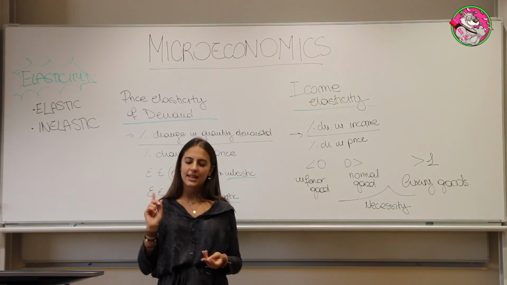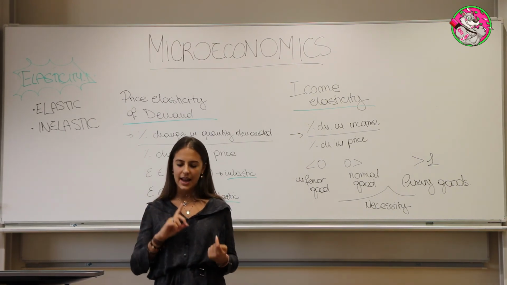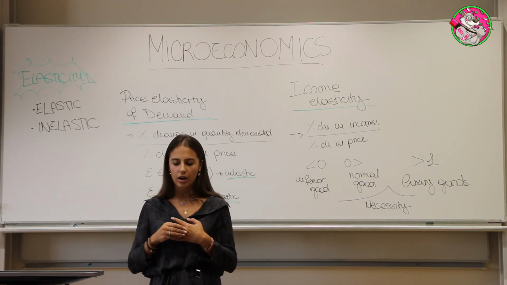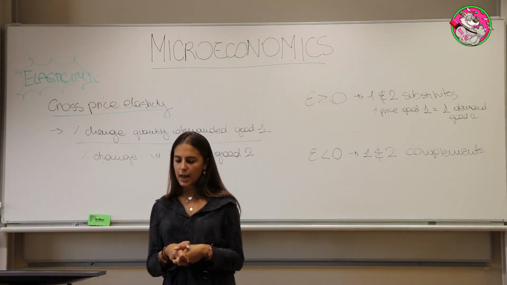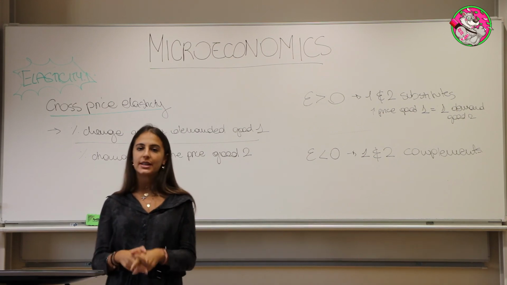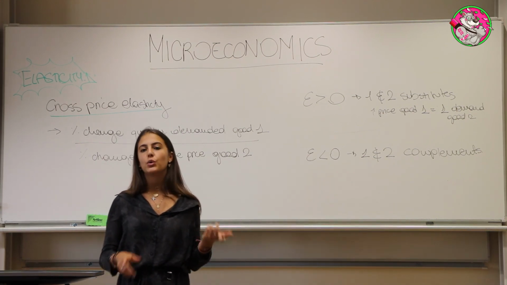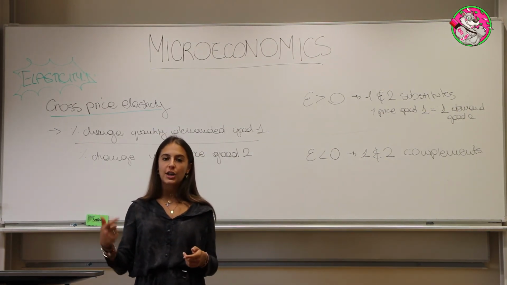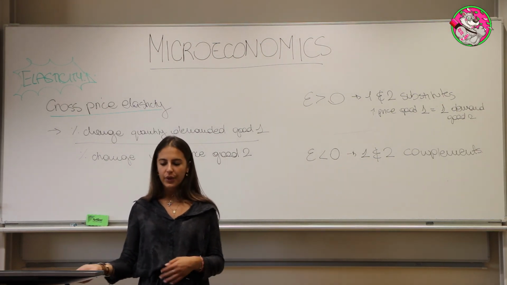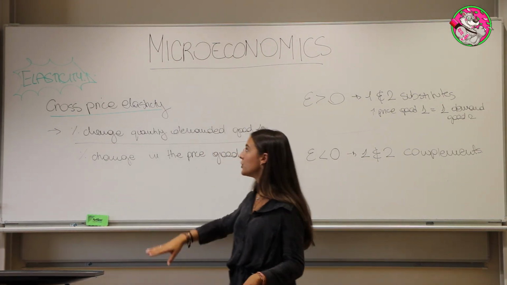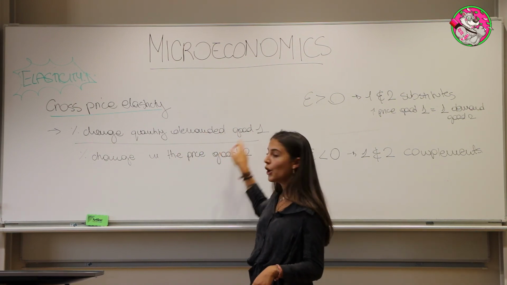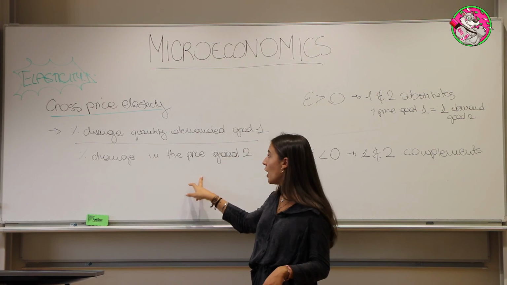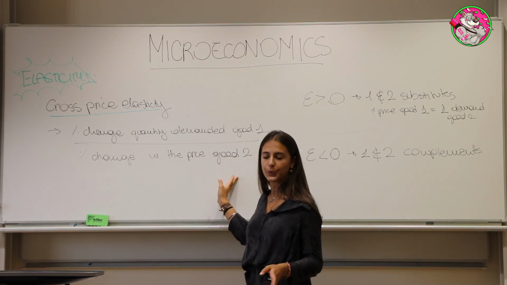And demand tends to be less price elastic when goods are complements. The cross-price elasticity is a measure of how much the quantity demanded for one good responds to a change in the price of the other good. Again, we always have the same equation: the percentage change in quantity demanded of good 1 over the percentage change in the price of good 2.